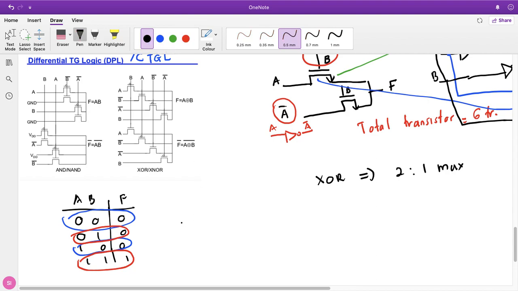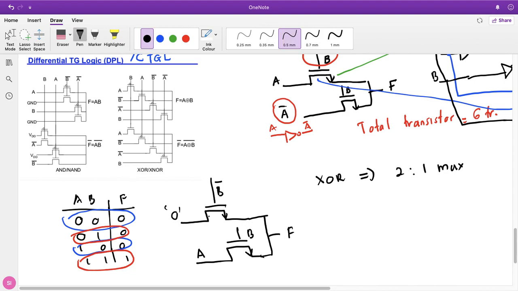So the pass transistor logic, B is 0, B bar is always tied to 0. And when the control line is at 1, all input of B is permitted to the output.